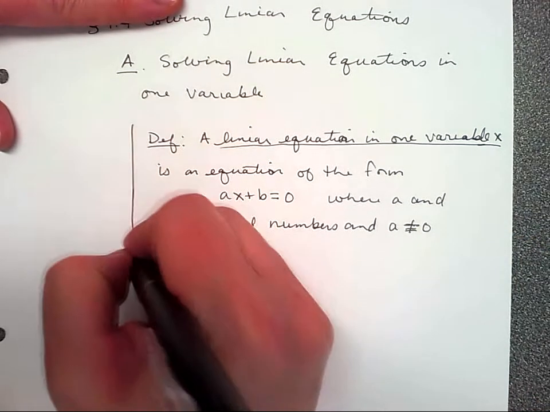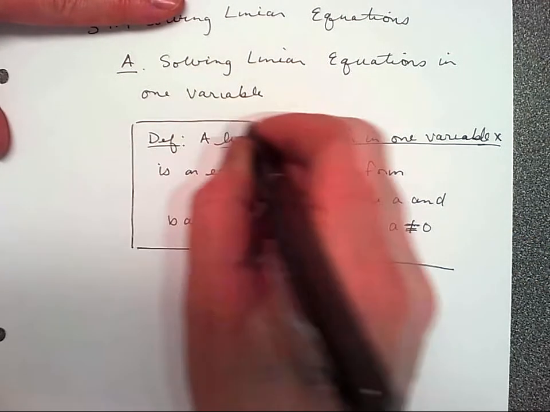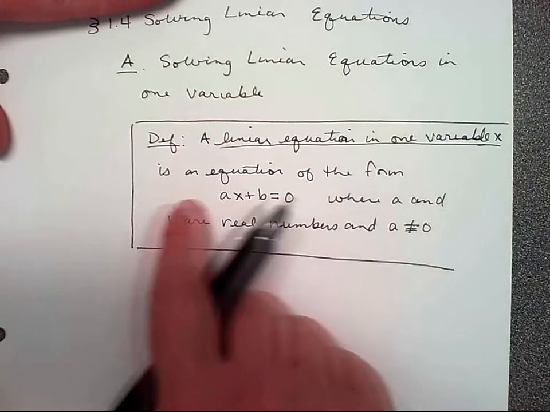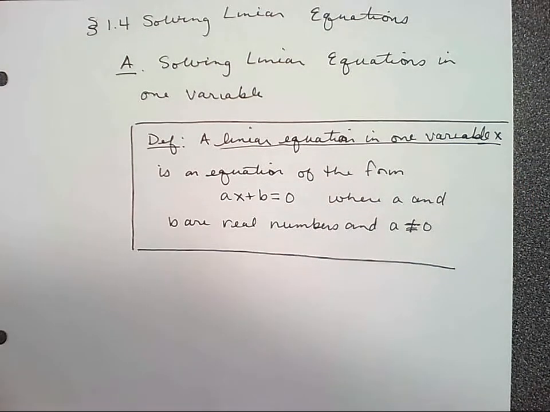Okay, so let me read that again. A linear equation in one variable x is an equation of the form ax plus b equals 0, where a and b are real numbers and a does not equal 0.